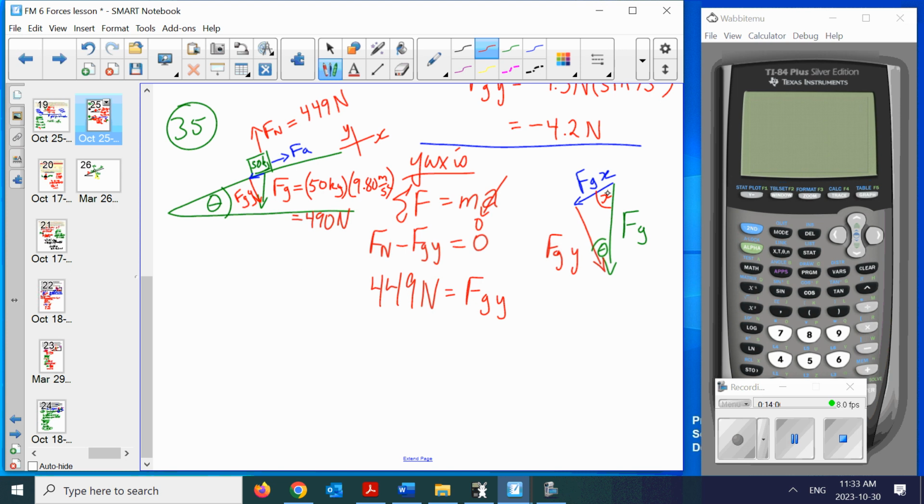So 449. 490 is the green, and that's directly straight down to the earth. But 449, the normal force, is perpendicular to the surface of the ramp. The normal force, right? That was given.